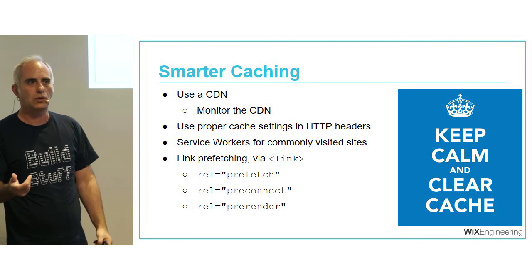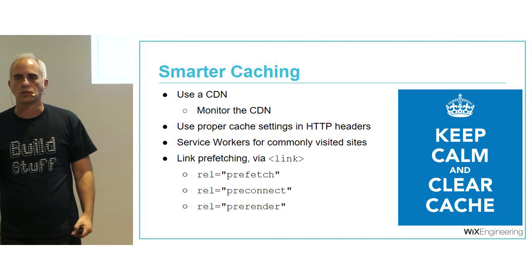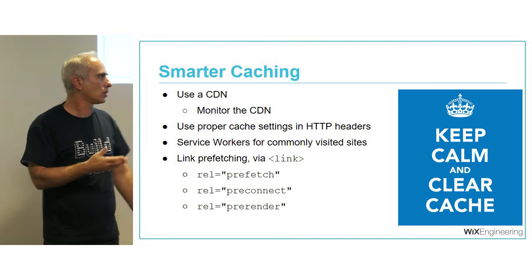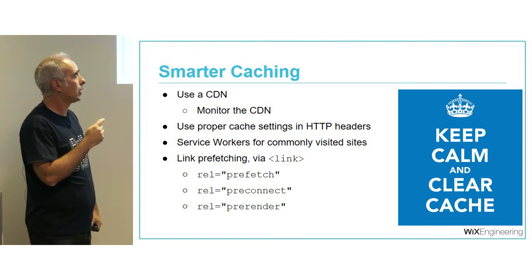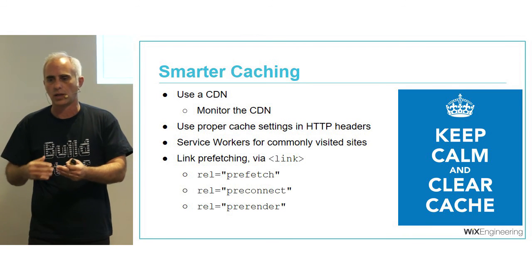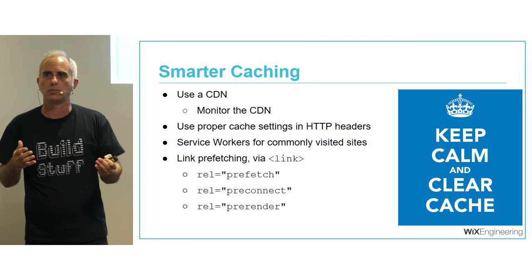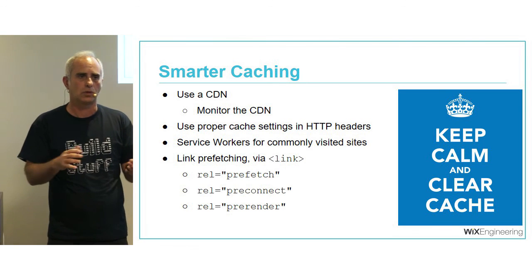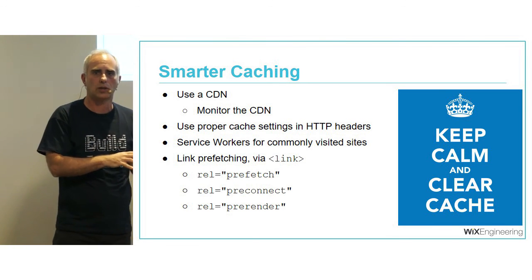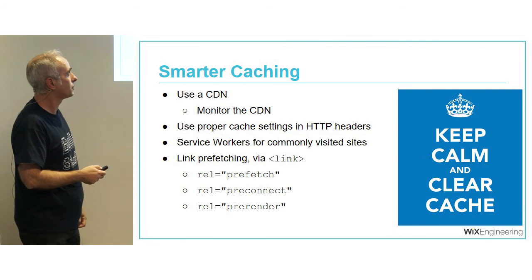But obviously the downside is that if the user doesn't go there, you've just downloaded a whole site that the user doesn't care about. By the way, because it happens in its own separate tab and process, you won't even see those files being downloaded in the Chrome DevTools because they're not within that tab context. Prefetch you will actually see.